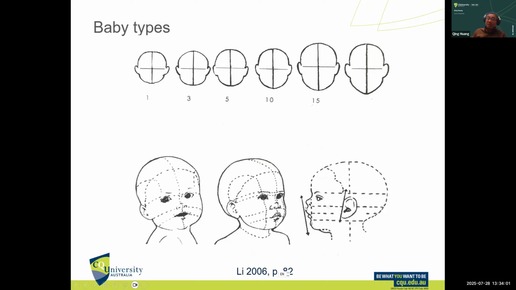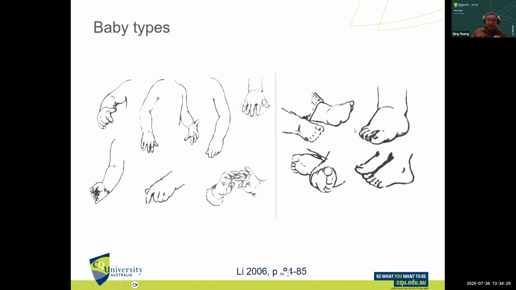But for a toddler, some of the features, such as this sort of tapering, not parallel, an adult facial shape doesn't have that, but a toddler will have that, from the nose tip to the chin forming a slanted angle.